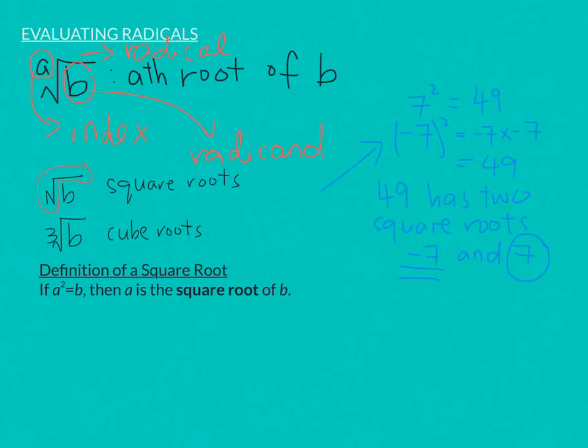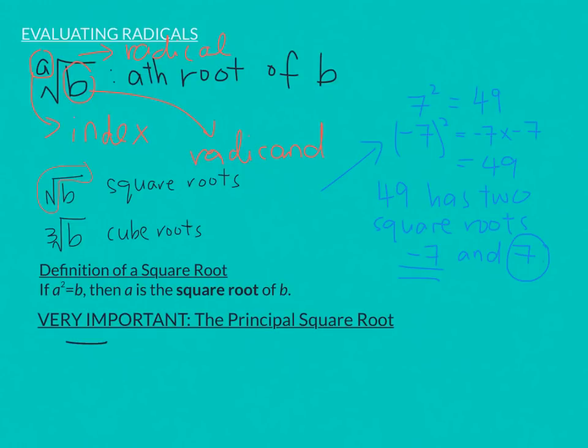Now we will get into the very important part on writing the principal square root, or the positive square root. When we write the square root of 49, we are only looking at the positive square root of 49, and the answer is 7. It is a little bit confusing because 49 has two square roots, but when we write it in this form, we are only looking at the positive square root.